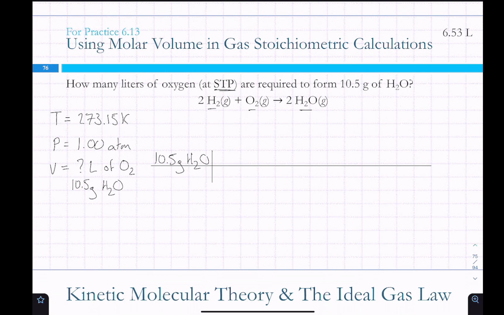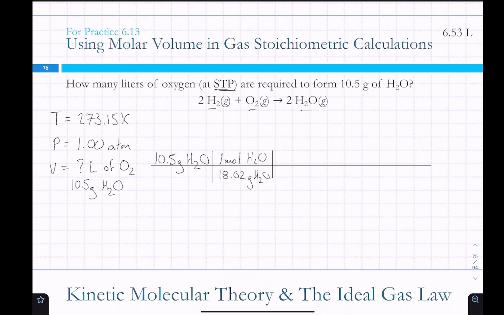So we have 10.5 grams of water. What's the molar mass of water? 18.015. We're going to use 18.02, but it'll depend a little bit on the number of significant figures that you have for molar masses. So that's equivalent to 1 mole of H2O.